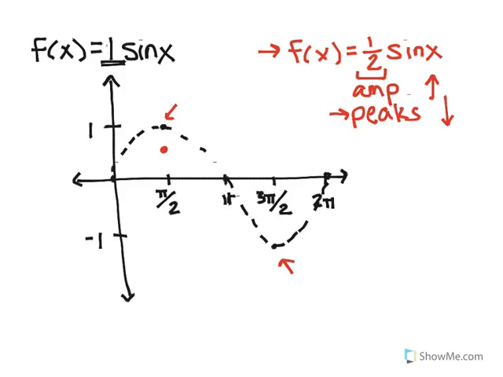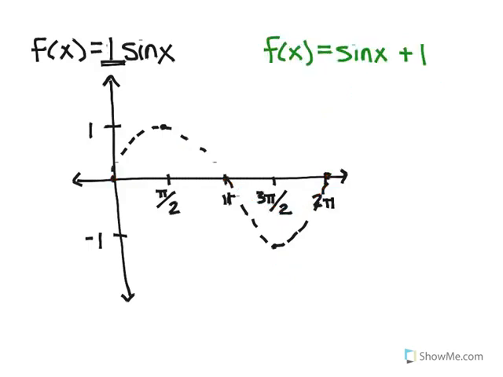And this peak, instead of being at -1, is going to be at -1/2 instead. Our other 3 points that are on the midline don't move. The amplitude does not change those other points that are on the horizontal axis. So all we need to do now is connect our points, and we have our transformed function with amplitude.